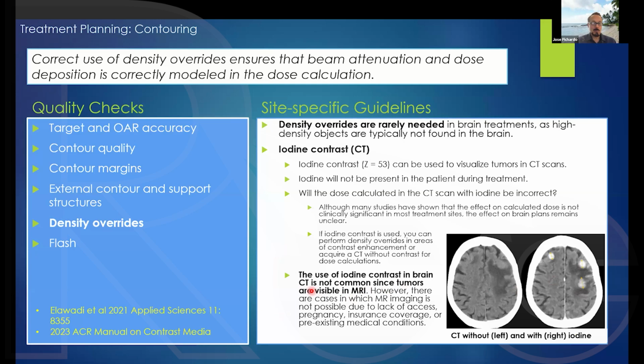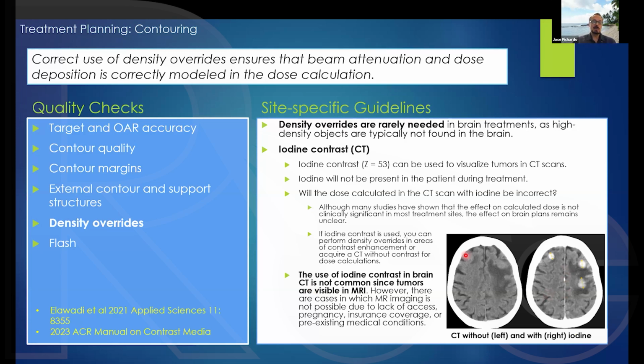Maybe the insurance company won't pay for it. Maybe the patient is pregnant and then you don't want to use gadolinium. Or maybe the patient had pre-existing medical conditions where a physician decided that the use of contrast was not indicated, right? So if you have a situation like that, then maybe you'll find yourself in this situation.